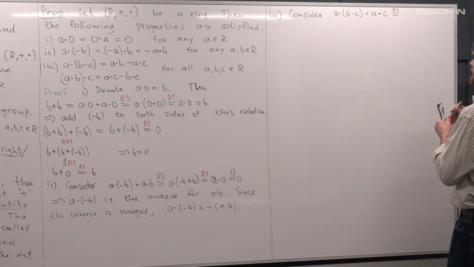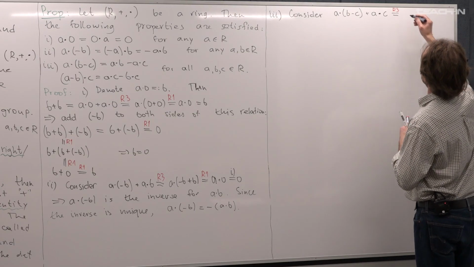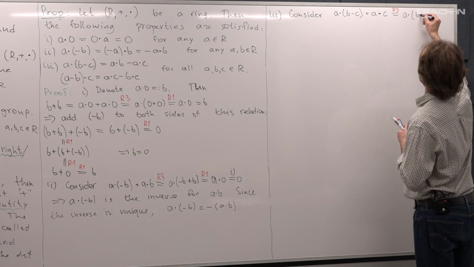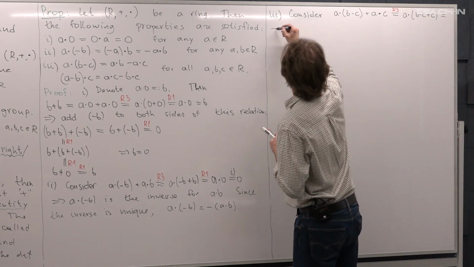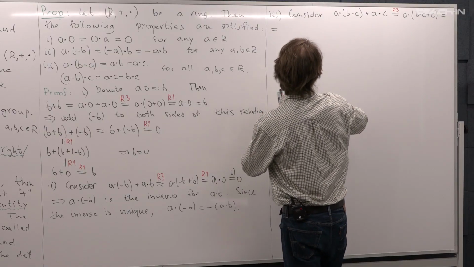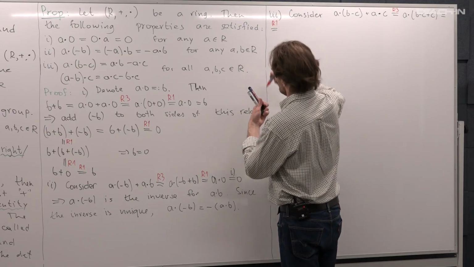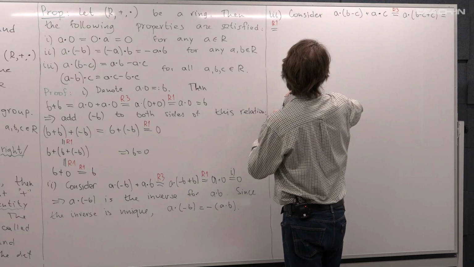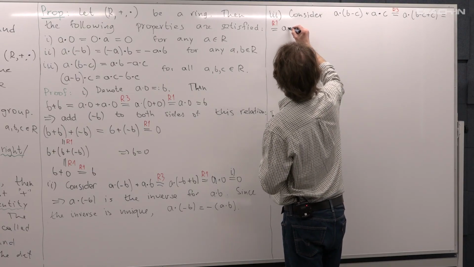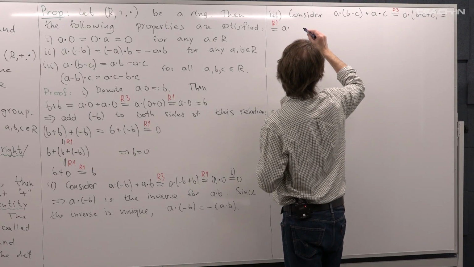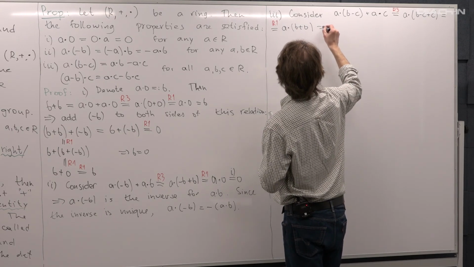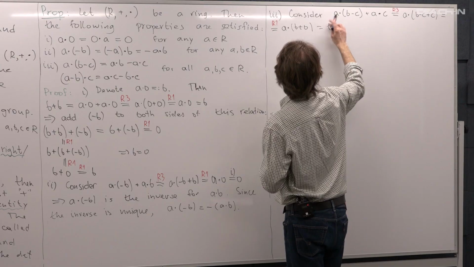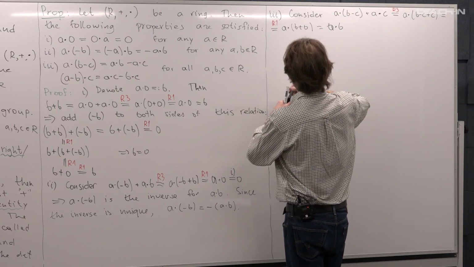So we get A multiplied by B minus C plus C, which is, according to the properties of addition in the ring, equal to A multiplied by B plus 0, which is A multiplied by B.